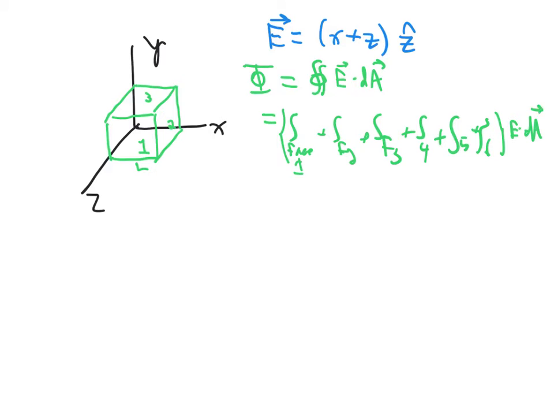This notation is terrible, and a math teacher would probably yell at me for it, but it's fine for us, because what we see is that over face 2, the normal points outward, but the electric field points along the surface, and their dot product, since they're perpendicular, is 0.